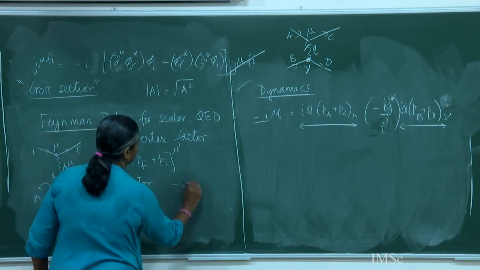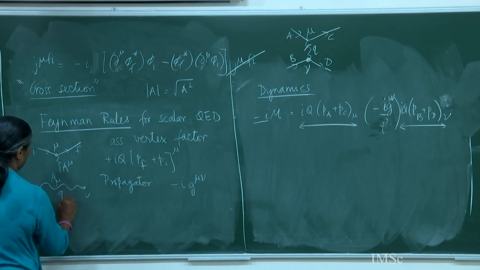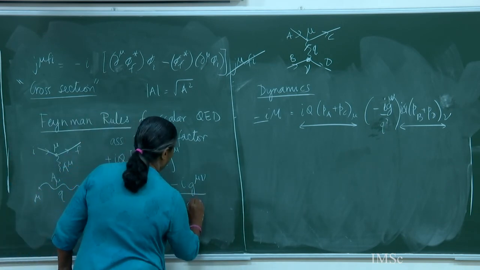I am going to associate it with minus I G mu nu, that is called the momentum Q by Q squared.